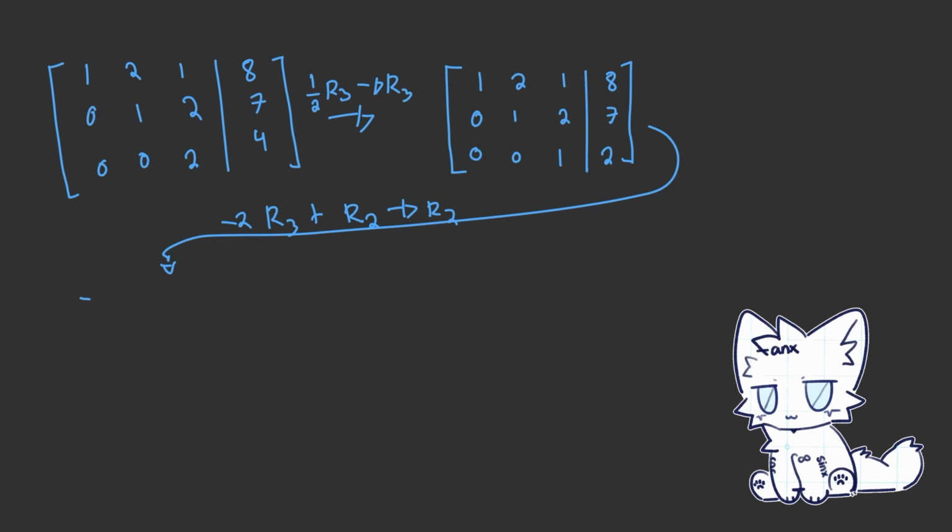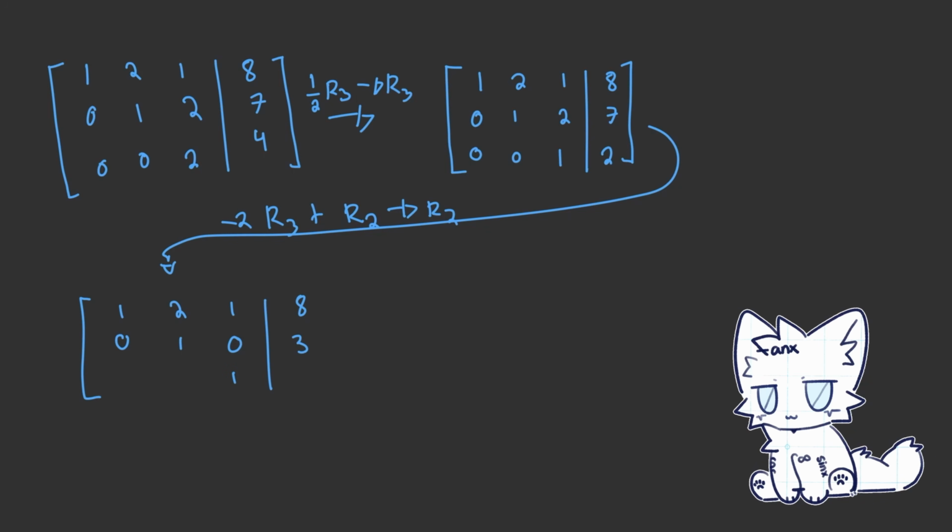Okay. 1, 2, 1, 8. And then 0 times -2 is 0. And then -2 times 1 plus 2 is 0. And then -2 times 2 is -4, plus 7 is 3.